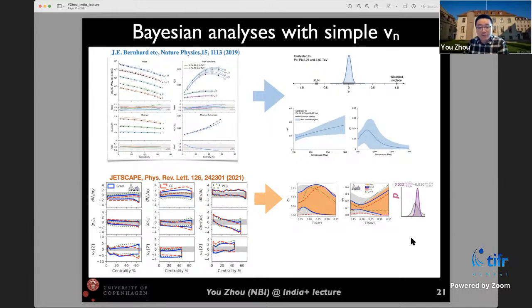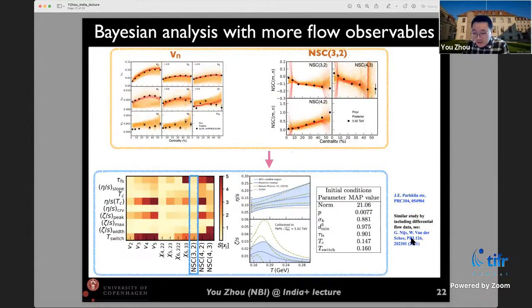And then later on, both groups in Jyväskylä and also in the Netherlands tried to include more and more flow observables to see what the advantage is. And what they found is when you include the normalized symmetric cumulant of NSC(3,2), you have a better constraint on the initial condition.